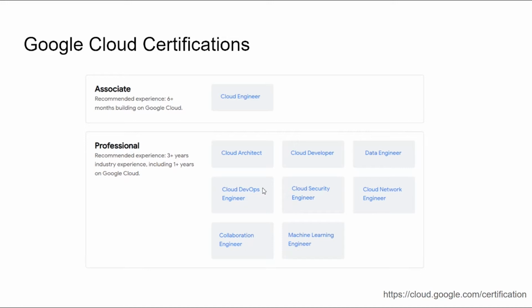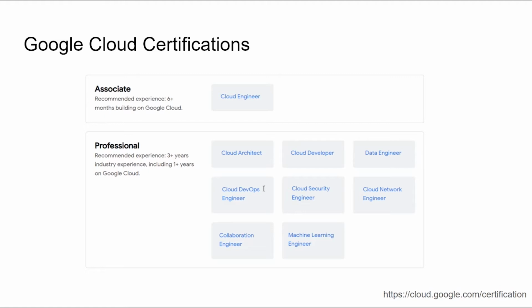But for the other professional level certifications that are focusing on specific tracks like collaboration or machine learning or networks, you need to understand that specific area much deeper than at the architect certification. However, you don't need to have visibility of the full Google Cloud ecosystem, but only that specific area.